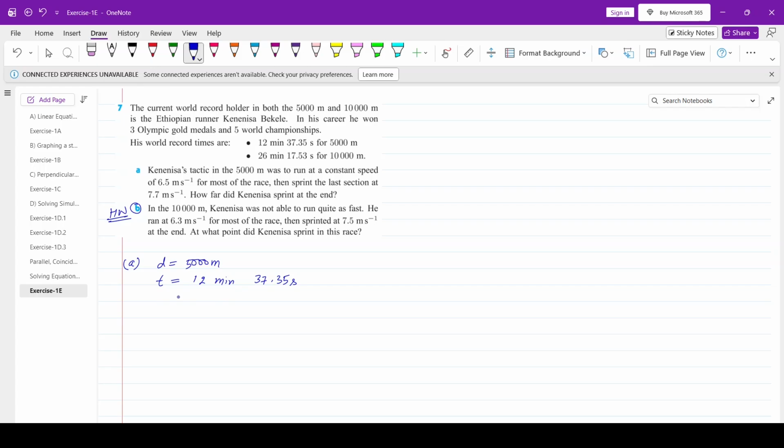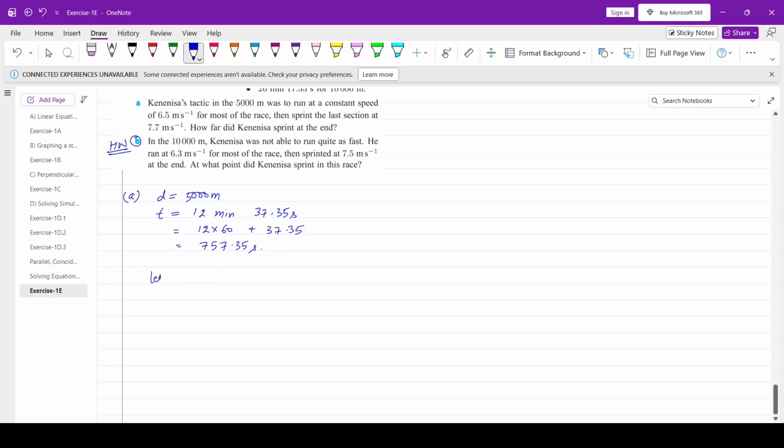So if we convert the whole time in seconds, we get 12 into 60 plus 37.35. That will be 757.35 seconds.